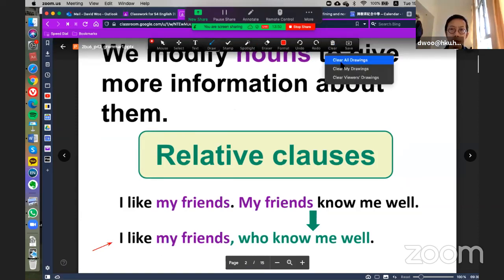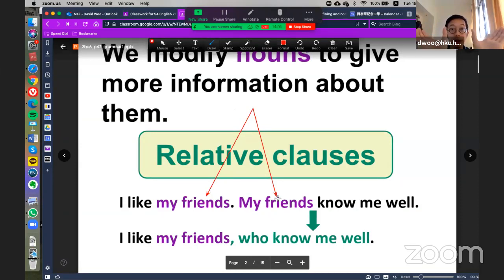And I think we pointed out that the trick is to combine the same words. So these 2 sentences, I like my friends. My friends know me well. They have the words my friends in common, the same, and you can just put them together. Let's keep going.